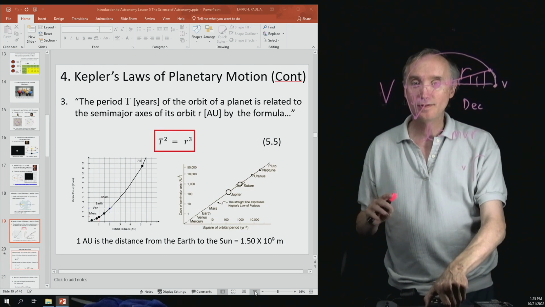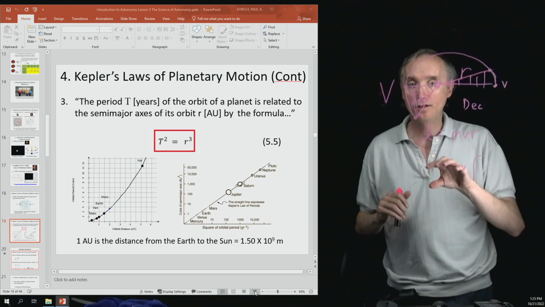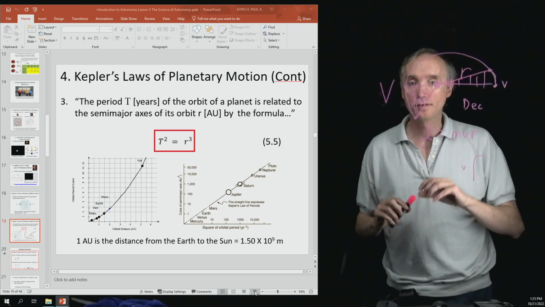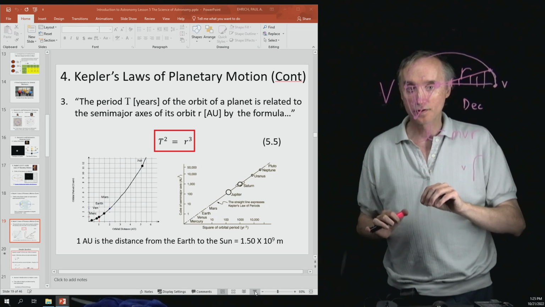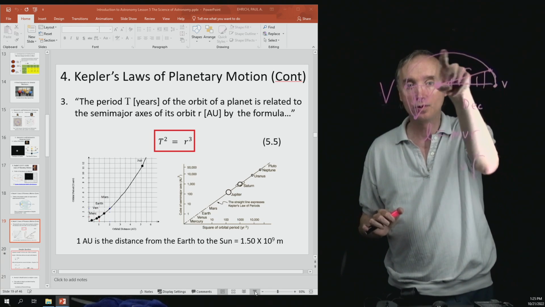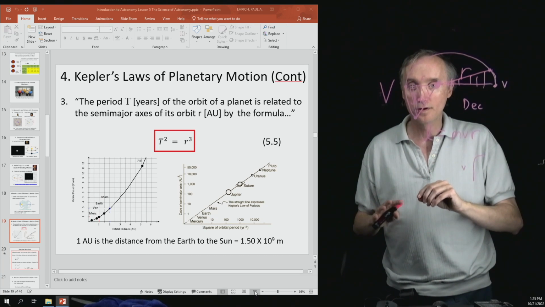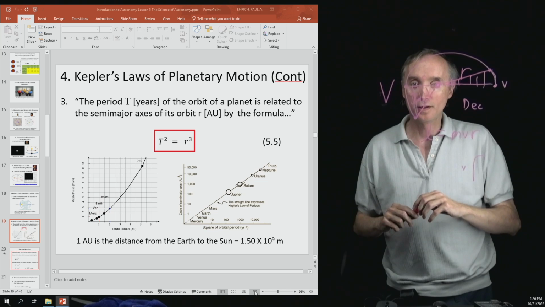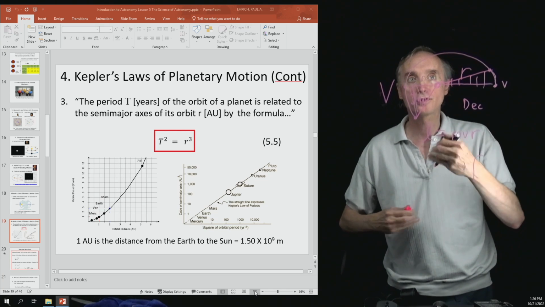What he painstakingly did was, on a piece of paper, make graphs of time and orbital distance. The time it would take the planet to go around is called the period, and it's given by the letter T. It's a Greek letter tau, and I like to put hooks on it.